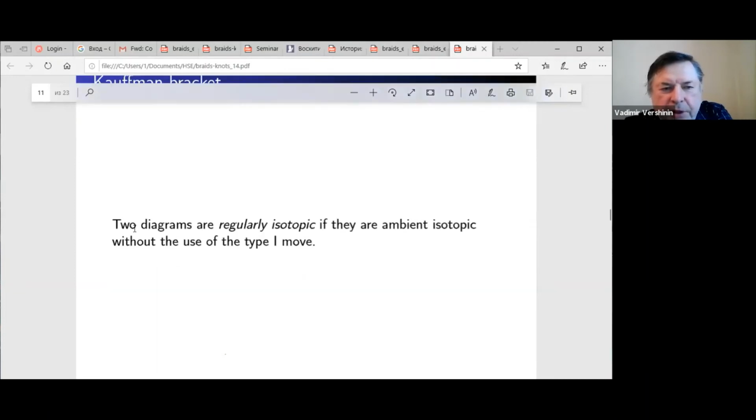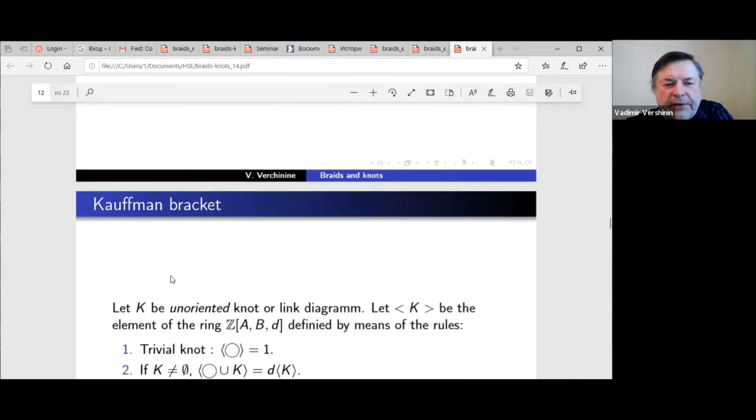At first, let us define when two diagrams are regularly isotopic. It means that they are ambient isotopic, but without the Reidemeister move of type 1. So the Reidemeister move type 1 is forbidden.